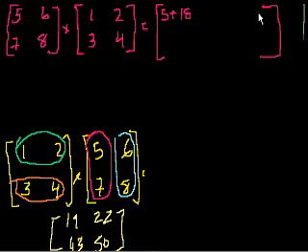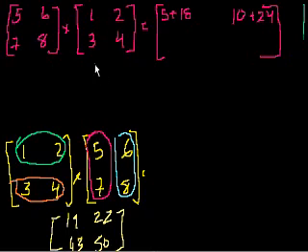What's the second term here? It's going to be 5 times 2 plus 6 times 4. So 5 times 2 is 10 plus 6 times 4, 6 times 4 is 24. Right? And all we did is took this row times this column right here.